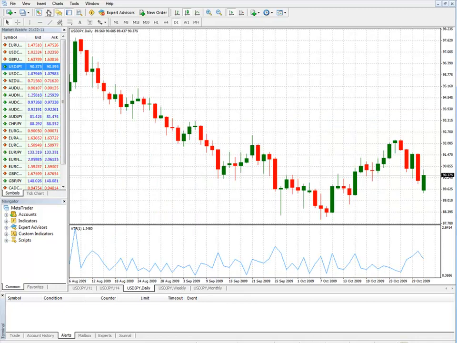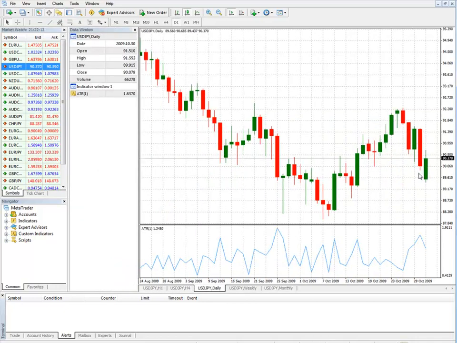Daily, let's see what things look like. Okay. Japanese yen can really get moving. I don't see any particular pattern that we may be interested in here.